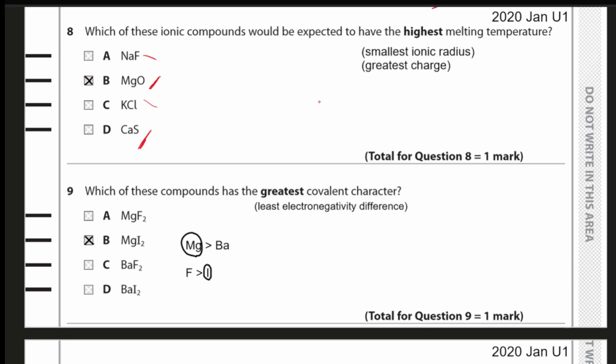So if you compare B and D, we need to check which one has the smallest ionic radius. Obviously the smallest ionic radius will be magnesium, considering it is above calcium. It has a higher nuclear charge compared to calcium, so it will have a smaller ionic radius. That is the reason why it will have the highest melting temperature.